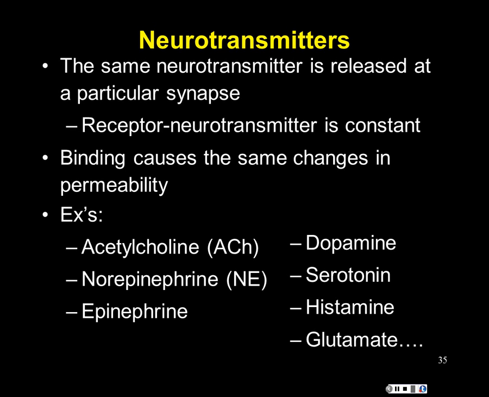Okay, so I'm going to bracket these. Acetylcholine, norepinephrine, and epinephrine, you can abbreviate EPI. These peripheral neurotransmitters we're going to spend the bulk of our time with because the rest of the semester will be out of the nervous system, in the periphery. We're talking about acetylcholine, norepinephrine, and epinephrine.